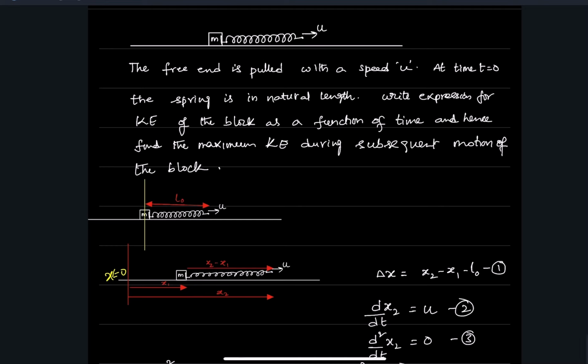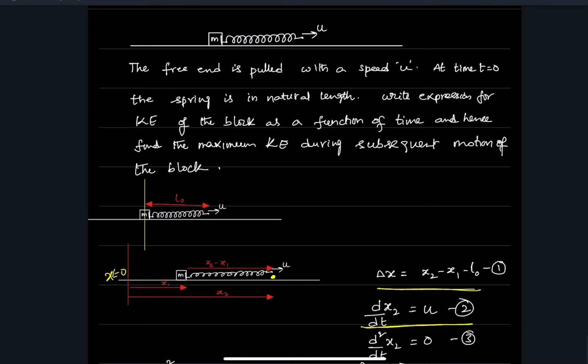Now the elongation delta x can be written as x2 minus x1 minus L0 (equation 1), and this free end is always having a constant speed u. Therefore we can write dx2 by dt is equal to u always.